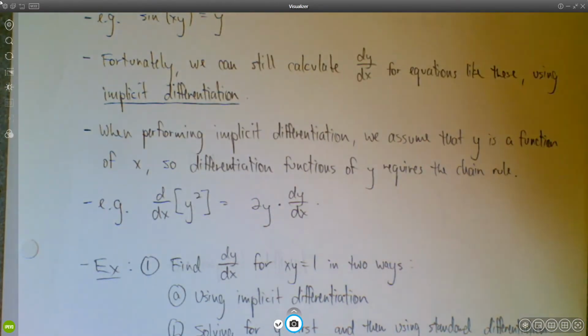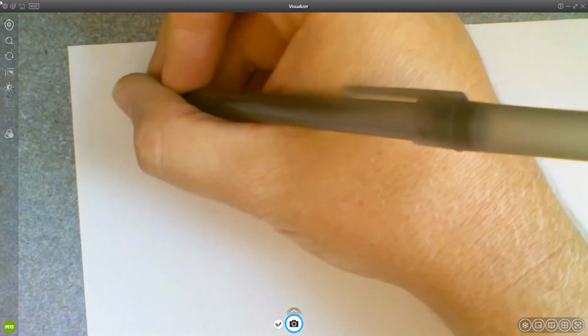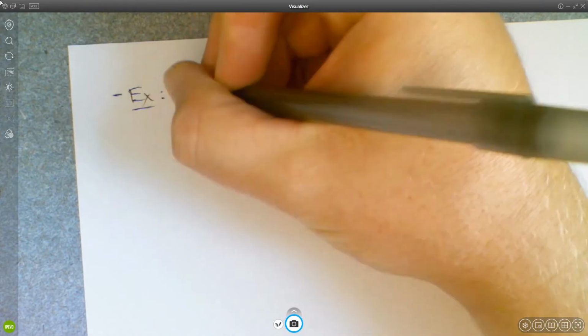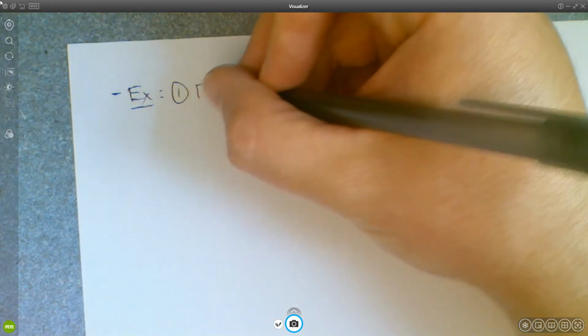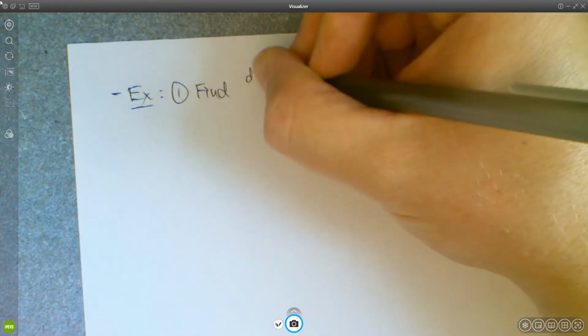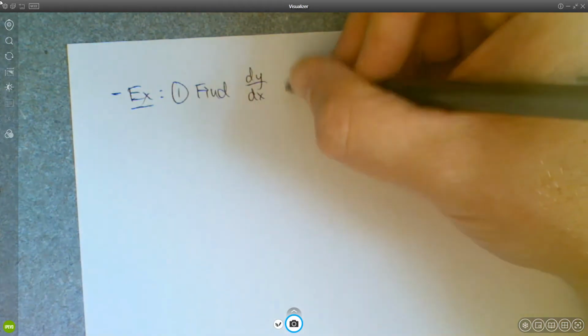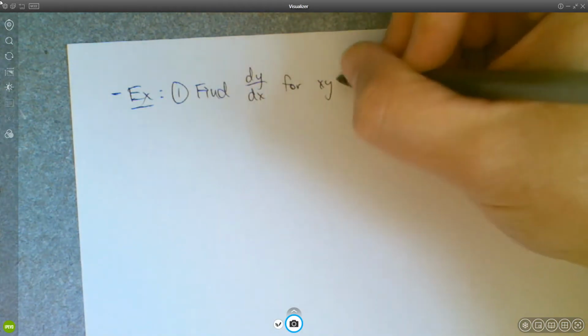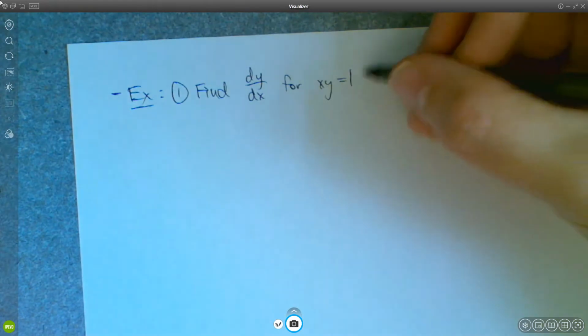Okay, so I'm going to give you a couple examples of this. Let's find dy dx for xy equals 1, and we're going to do this in 2 ways.